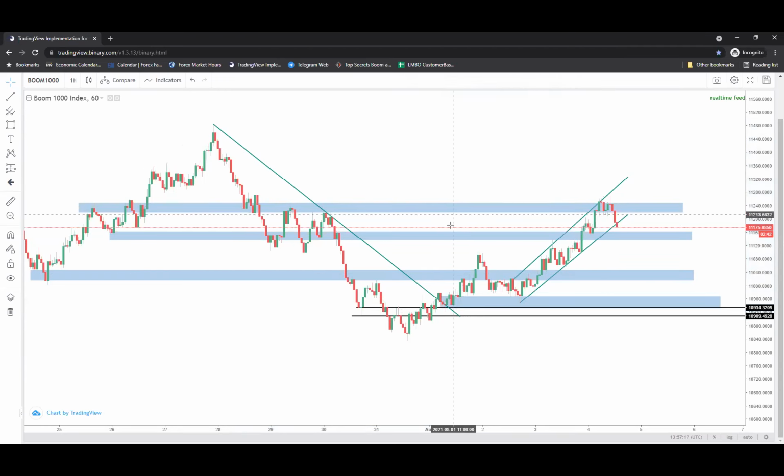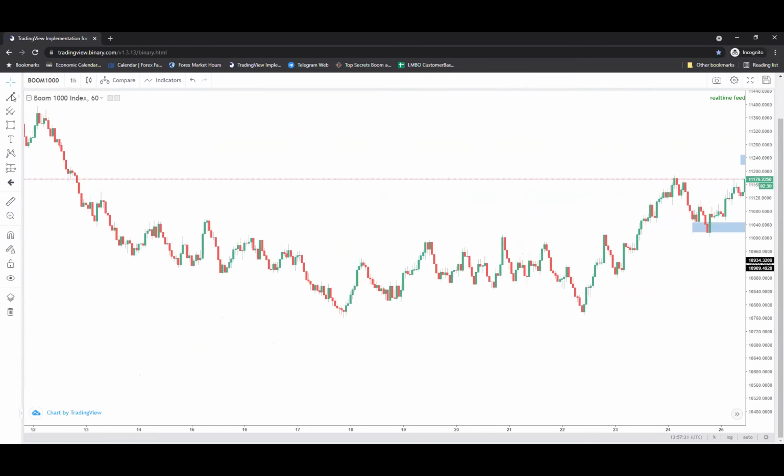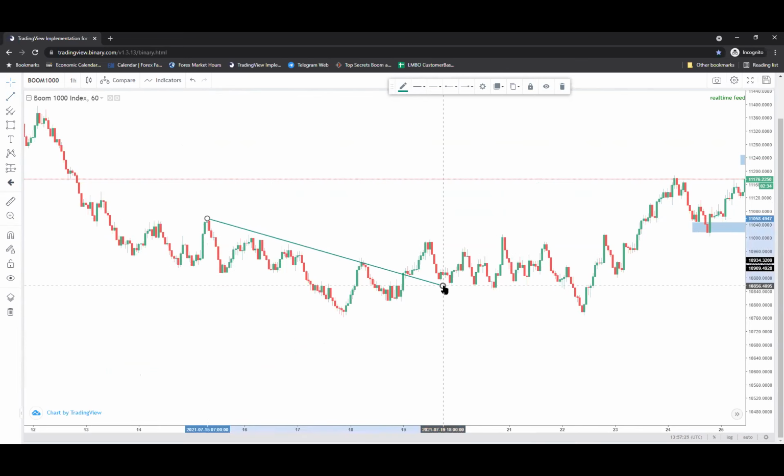Whatever market, even if you don't have anything on the chart, you put the trend line and see whenever it is broken, that is a sign that the market is changing its course.